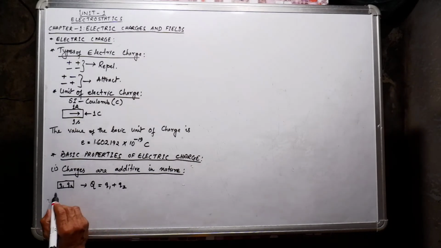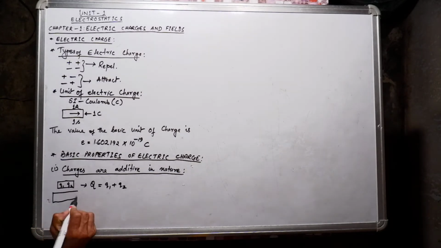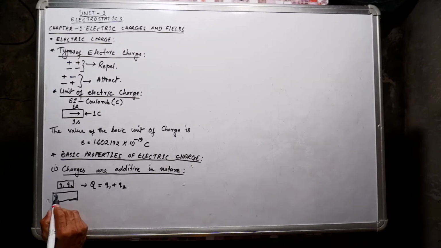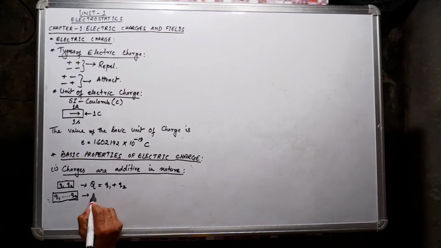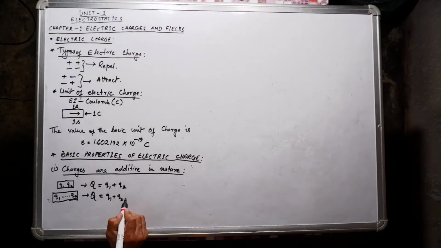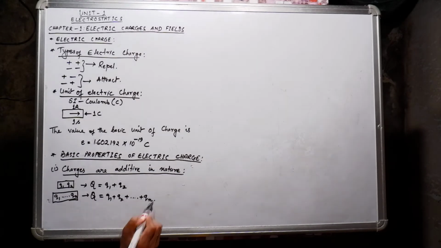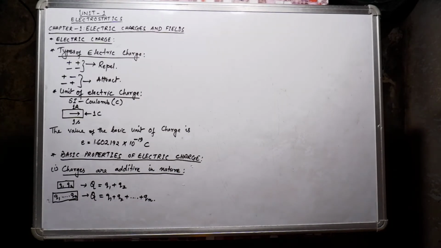Let us take another example. Suppose we have a conductor with n number of charges, up to Qn. Then the total charge of this conductor is Q1 plus Q2 plus ... up to plus Qn. I hope this property is clear.